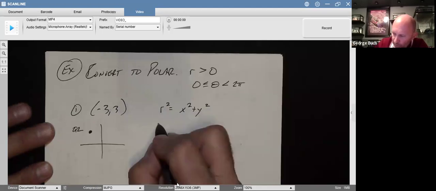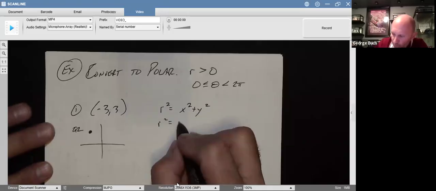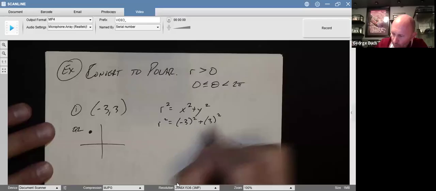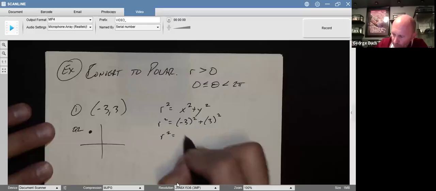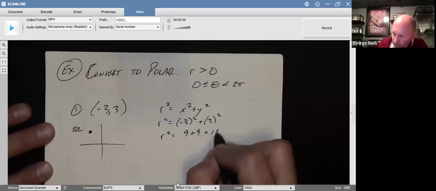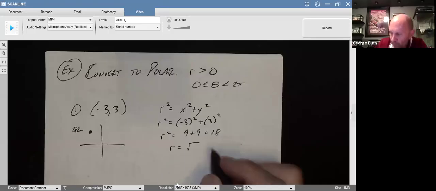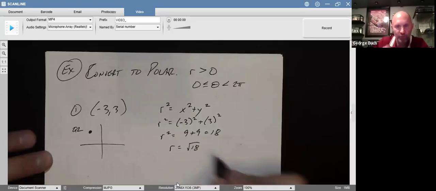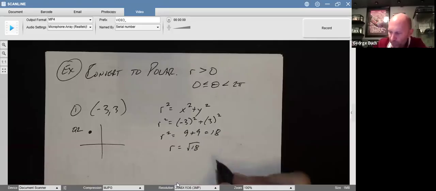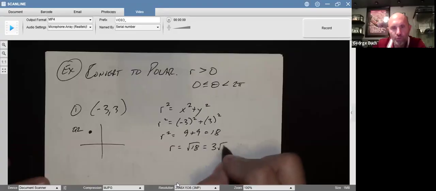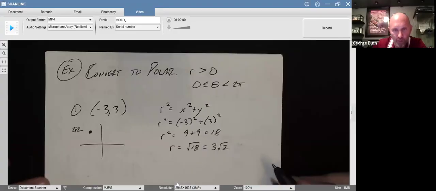So r squared is -3 squared plus 3 squared. So r squared is 9 plus 9, which is 18. So take the square root, and that's why we say we want a positive r. Square root of 18, which if we simplify it, that's like 9 times 2. So 3 root 2 would be our value for r.